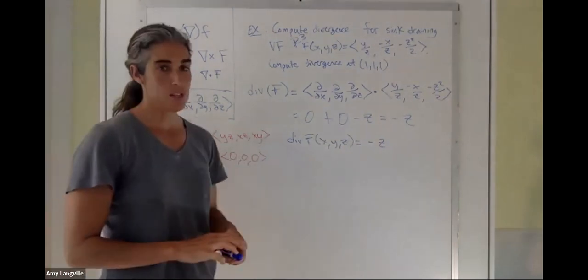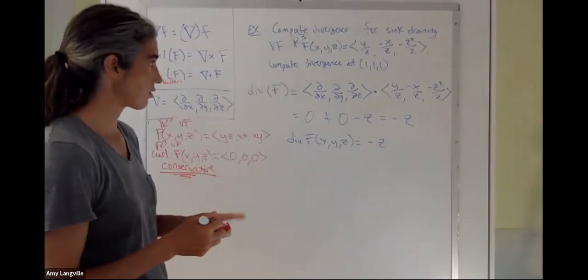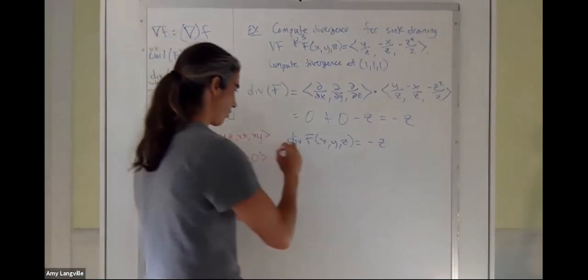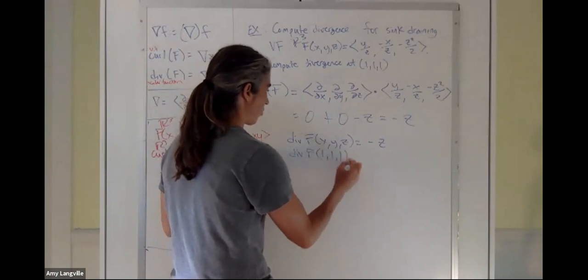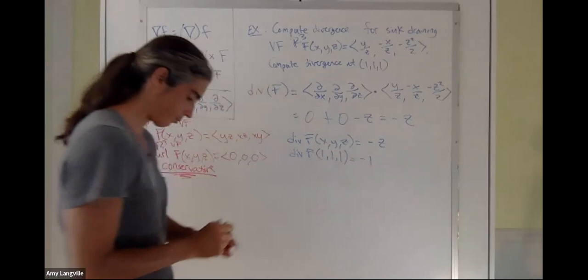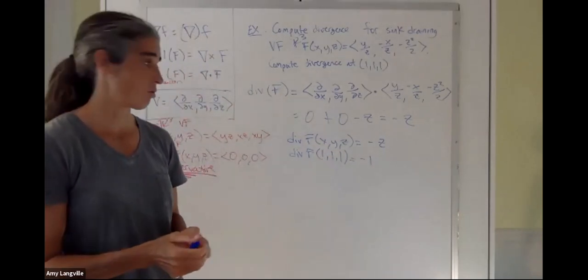Okay, now what does that mean? Again, you could compute divergence at many points. One in particular that they're interested in is 1, 1, 1. So the divergence of this sink draining vector field at the point 1, 1, 1 is just negative 1. Well, that's a scalar. Again, it doesn't have direction, but it has a magnitude to it.